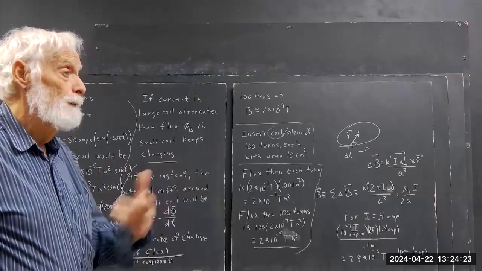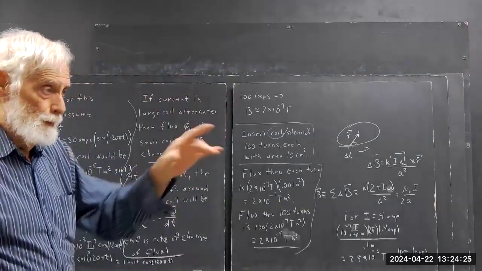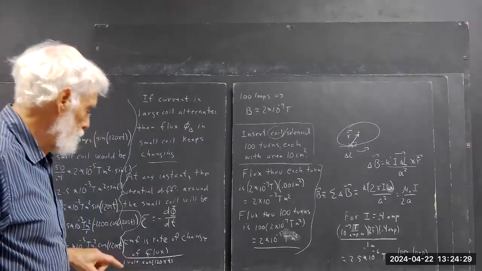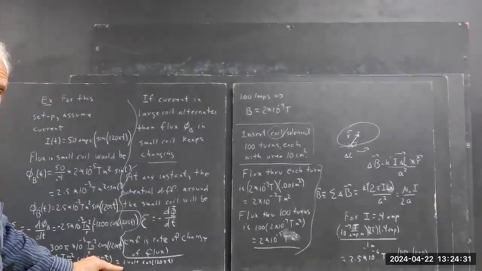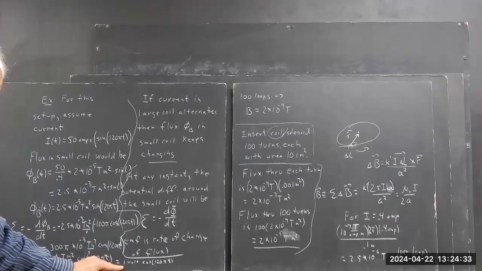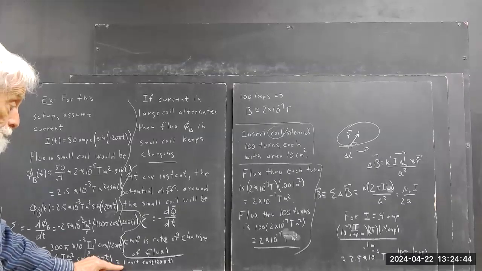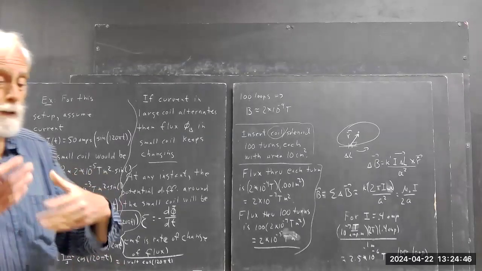Then if I put that inside of these coils, I can end up with a larger voltage instead of a small one. If I got 100 times the area, I get 100 volts, okay? If I got 1,000 times the area, I could get 1,000 volts. It just comes down to the area and number of turns.